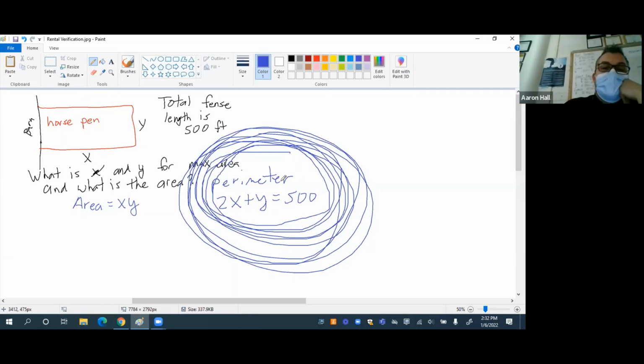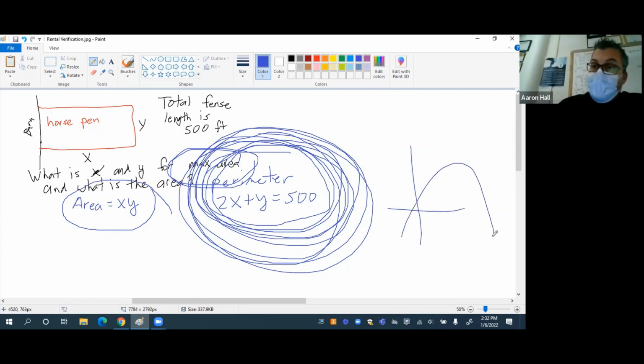Still asking for area. Yeah, I want to find the maximum area. So the area is quadratic, so we're looking at a parabola. There's this graph here, that's a parabola, and whatever that highest area is, that's what I'm trying to find. I'm trying to find that X value that will give me that highest area, that max.